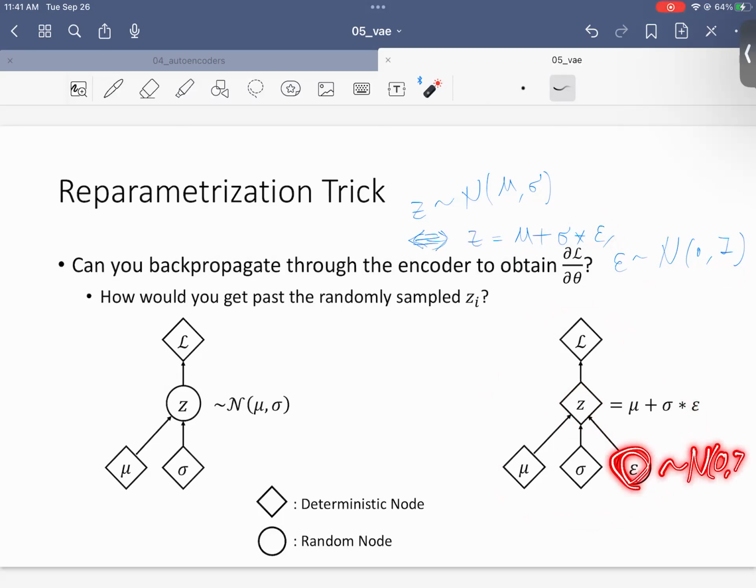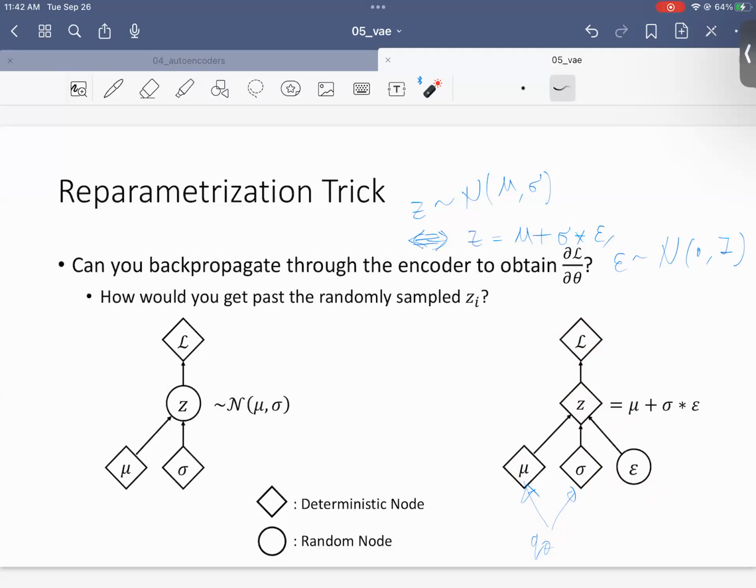There's nothing that blocks your backprop, the chain rule, starting from the loss function all the way back to theta here, because your randomness is put aside to this node here. From your theta to the loss, there's no randomness in between. So that's the reparametrization trick.